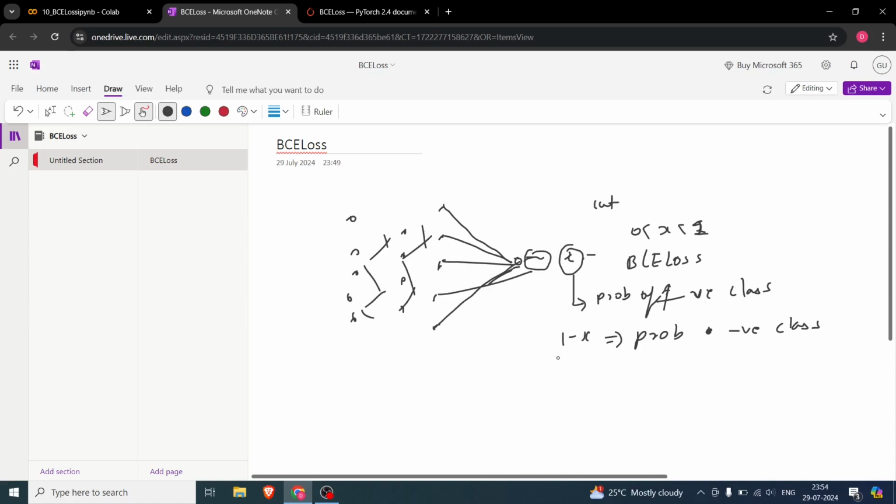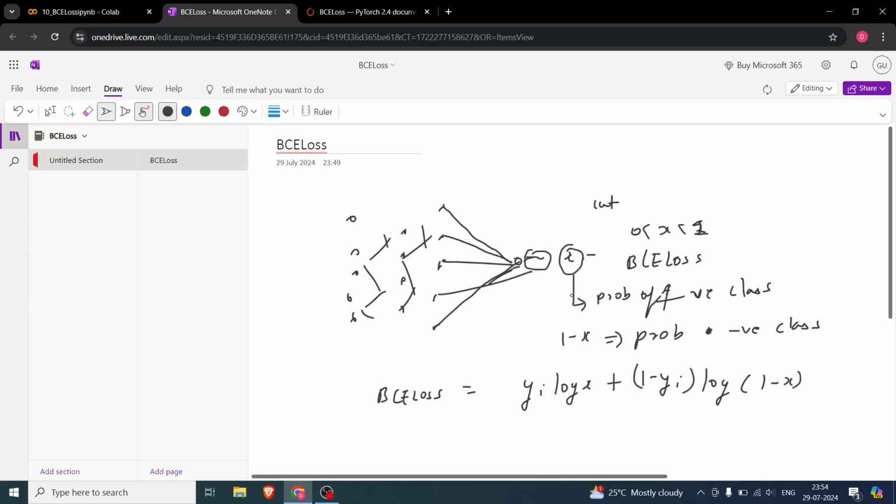So what is BCE loss? The formula says it is yi, where y is your real label, into log of x, plus 1 minus yi into log of 1 minus x.